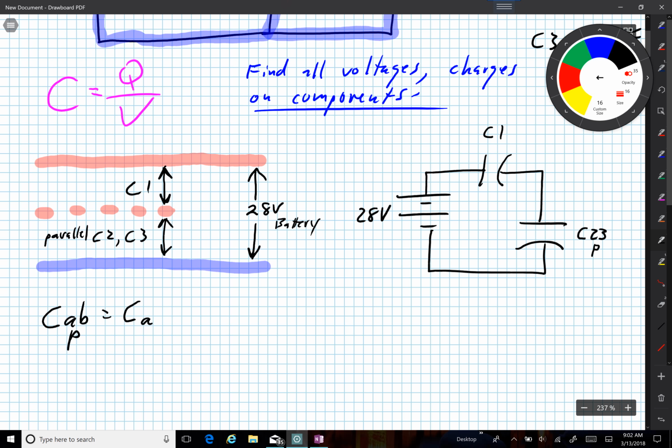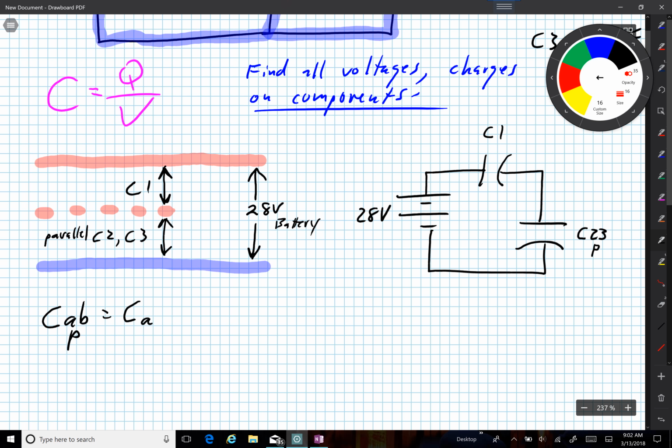I combine these two into one. C equivalent. Okay, this is 28 volts. And C, let's see this. Let's do C D E series.